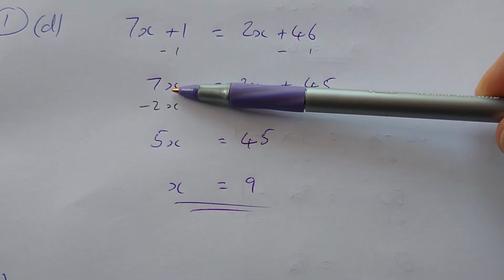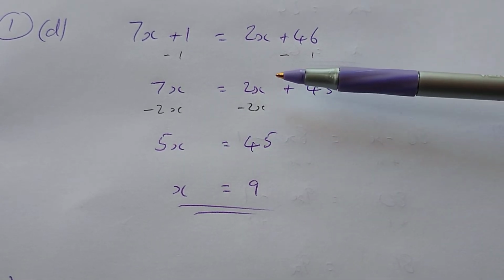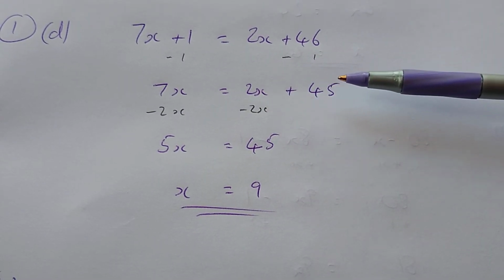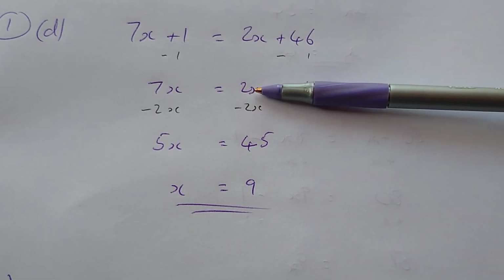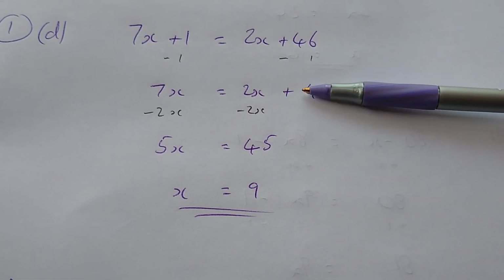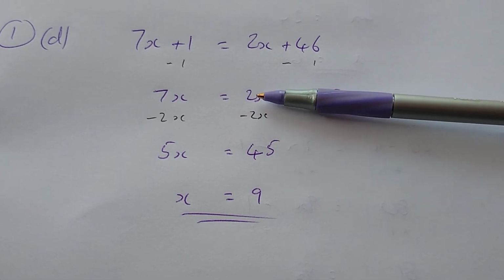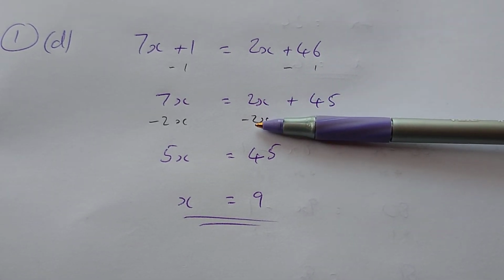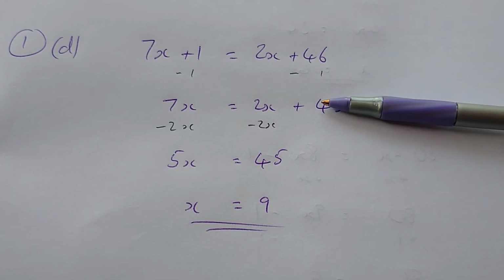Okay, so we have just x terms on the left-hand side here, but on the right-hand side I've still got x's and numbers. So we're going to try and leave just the 45 here. I have 2x. If I do 2x minus 2x, I get 0, which leaves me with just this plus 45.